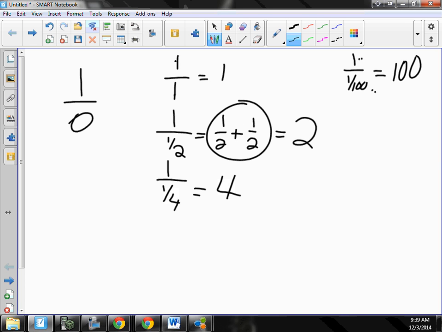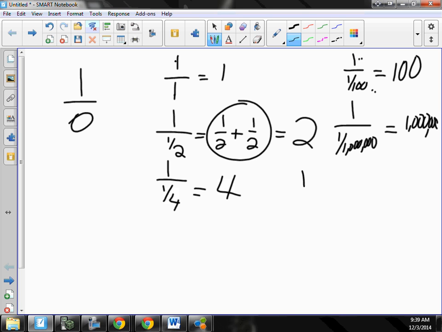Okay? 1 over 1/1 million would be 1 million. So let's follow the pattern. As the bottom gets smaller, the answer gets bigger.